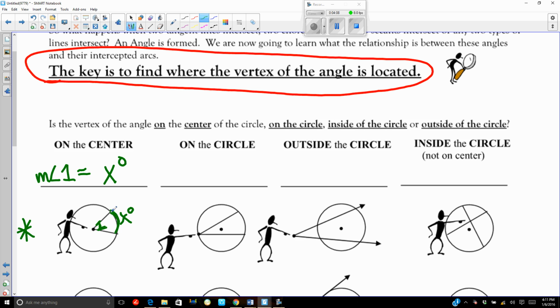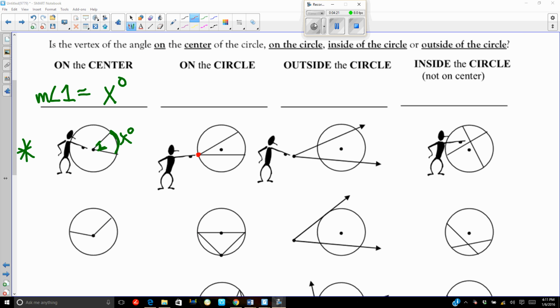And then we should also know when the vertex is on the circle. So that's the second example that this little guy is pointing to. He's pointing to the vertex being actually on the circle. So same way, that angle right there, we're going to call angle 1. And we're going to call the arc that it intercepts x.